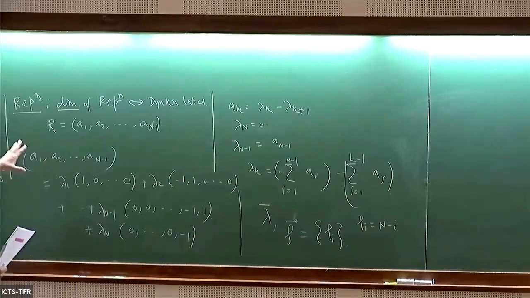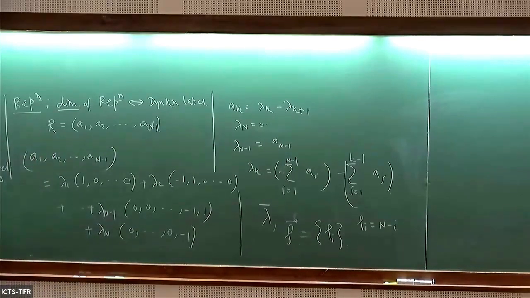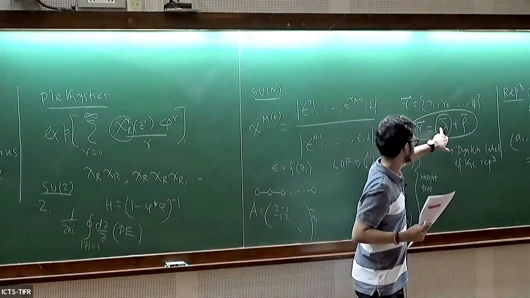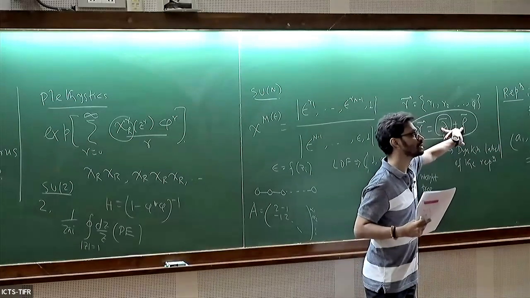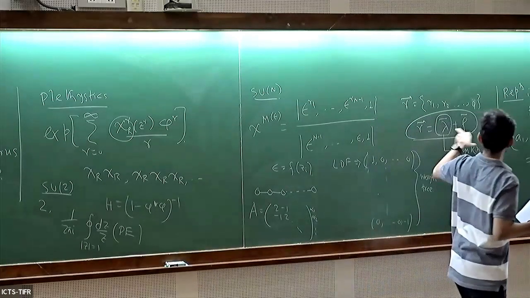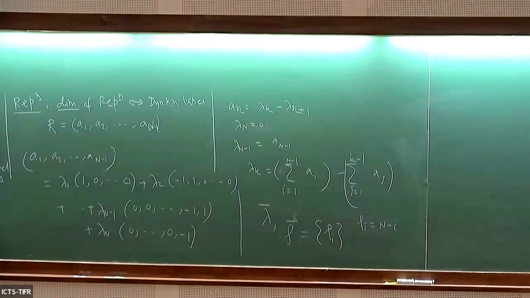Now coming back to this relation, the representation dependence in R comes through lambda, because rho is also representation independent. That's why the representation given in terms of the Dynkin level helps you calculate this lambda.